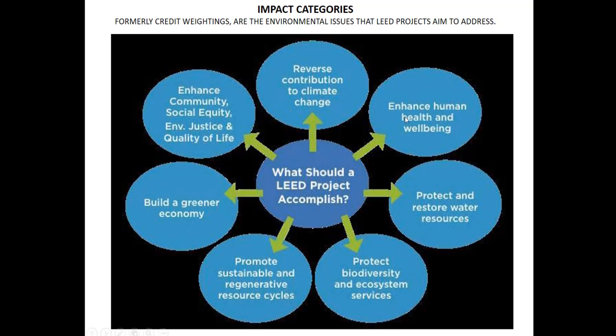These are some of the impact categories that we are working towards: to protect and restore water resources, protect biodiversity and ecosystem services. All of these types of things, building a greener environment and economy. These are the categories that we're working towards when we design a project.